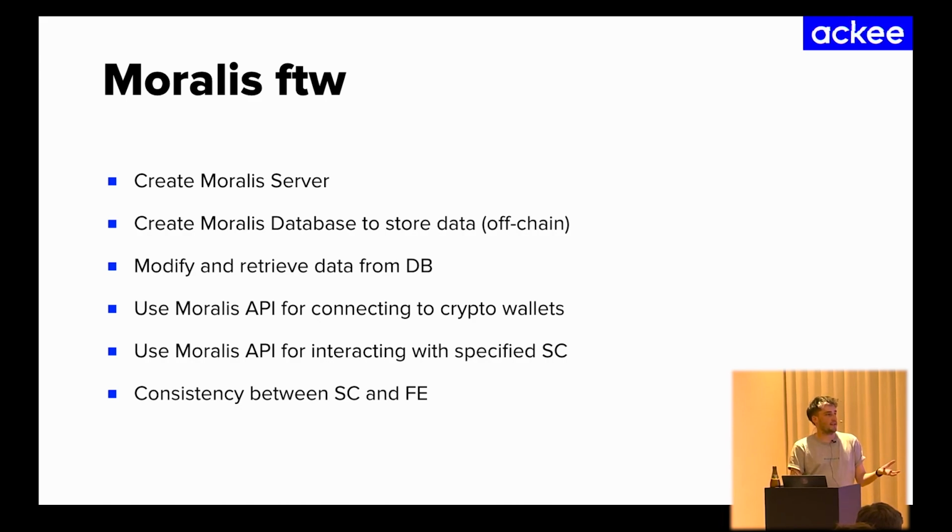The main point is to keep consistency between the smart contract and the front-end app, because when you are using custom backend services, it's really hard to sync the state of the app on the backend side, on the smart contract side, on the crypto wallet side, and also the Web3 front-end app.